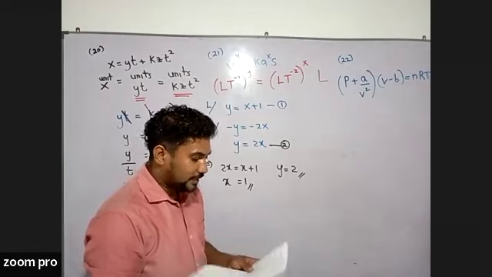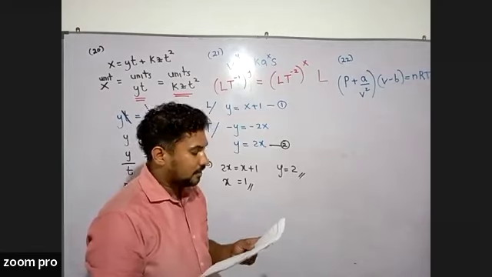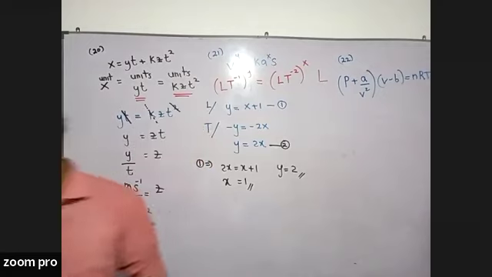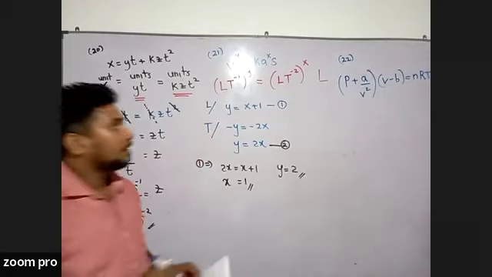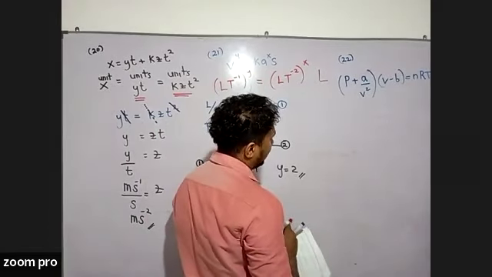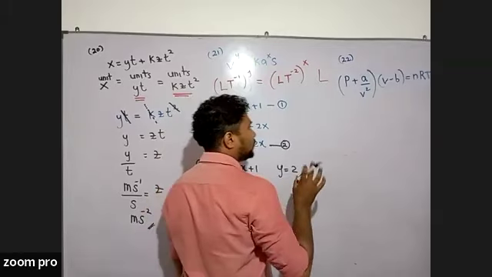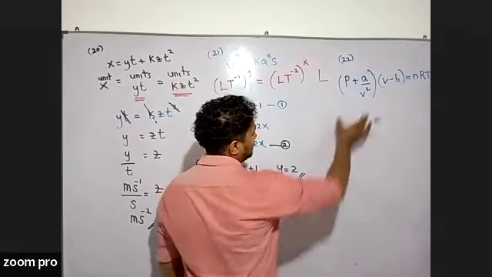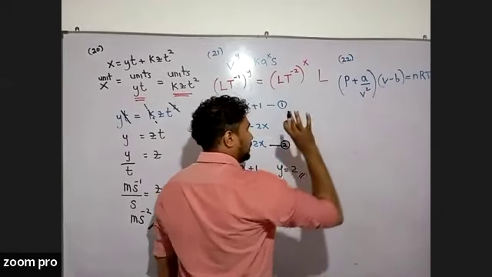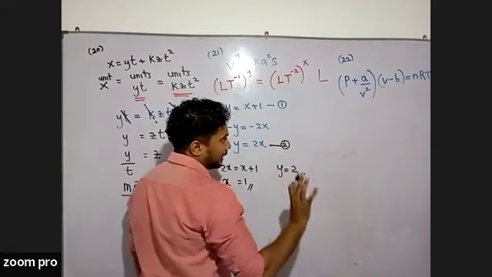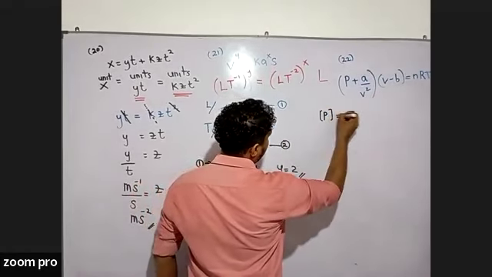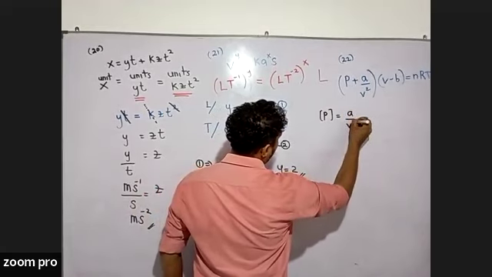So you have to find the dimensions of A, B, and the product of A and B. In order to obtain A, you should notice that there are two brackets inside the equation. If this is an accurate equation, the dimensions of P should be equal to the dimensions of A over V squared.